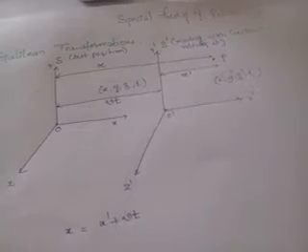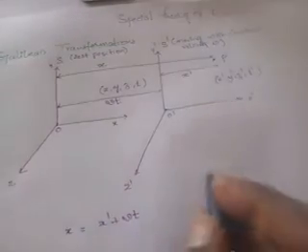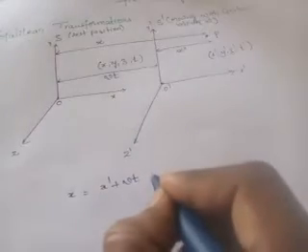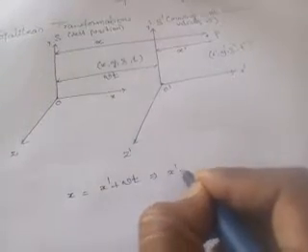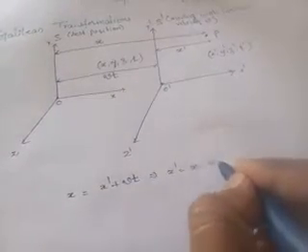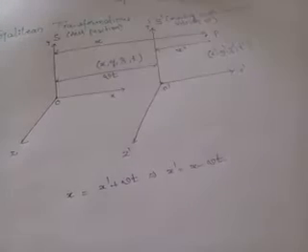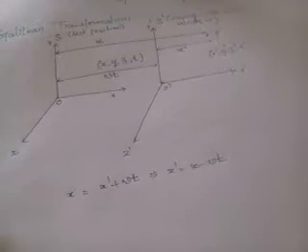So from this one, x dash can be written as x dash is equal to x minus vt. These are the transformation equations which transform from one inertial frame to another inertial frame.